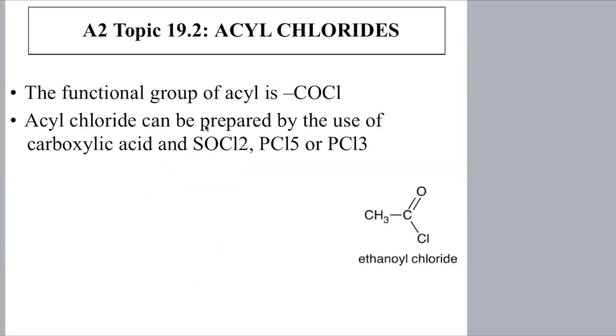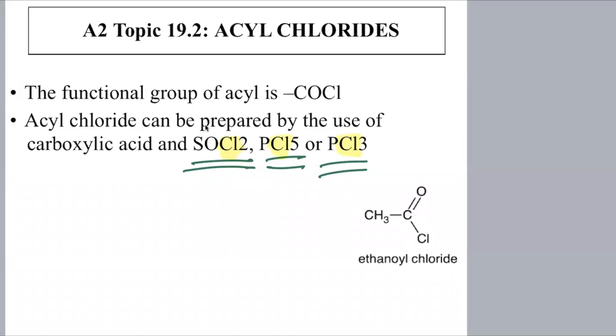Acyl chloride can be prepared by the use of carboxylic acid and SOCl2, PCl5 or PCl3. You've come across these reagents when you want to change your alcohols into haloalkanes. Obviously you can see that these reagents contain chlorine, so they are like a supplier of chlorine.